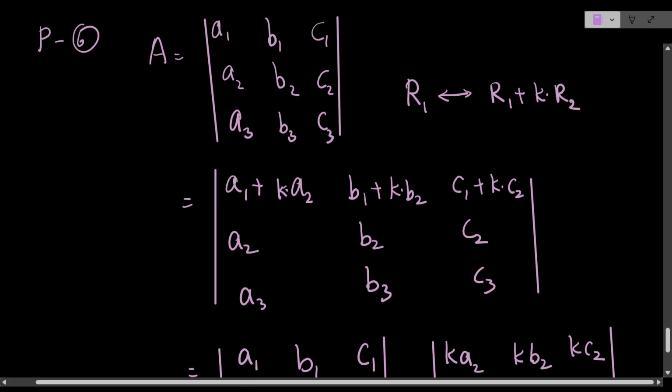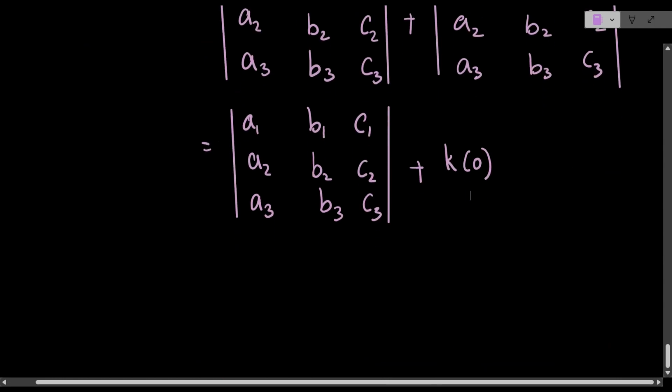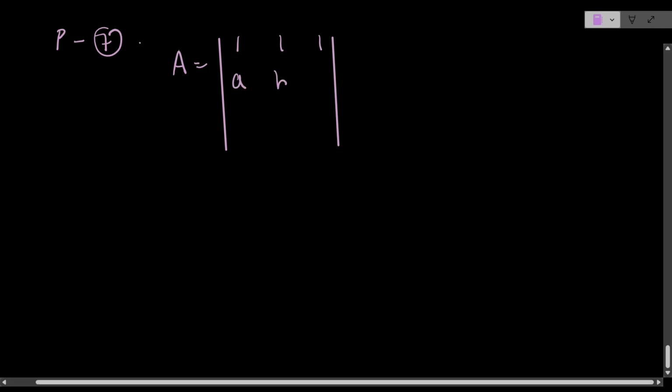Now we are going to see the next property, students, that is property number 7. Here I am going to take a determinant: 1, 1, 1, A, B, C, A square, B square, C square.